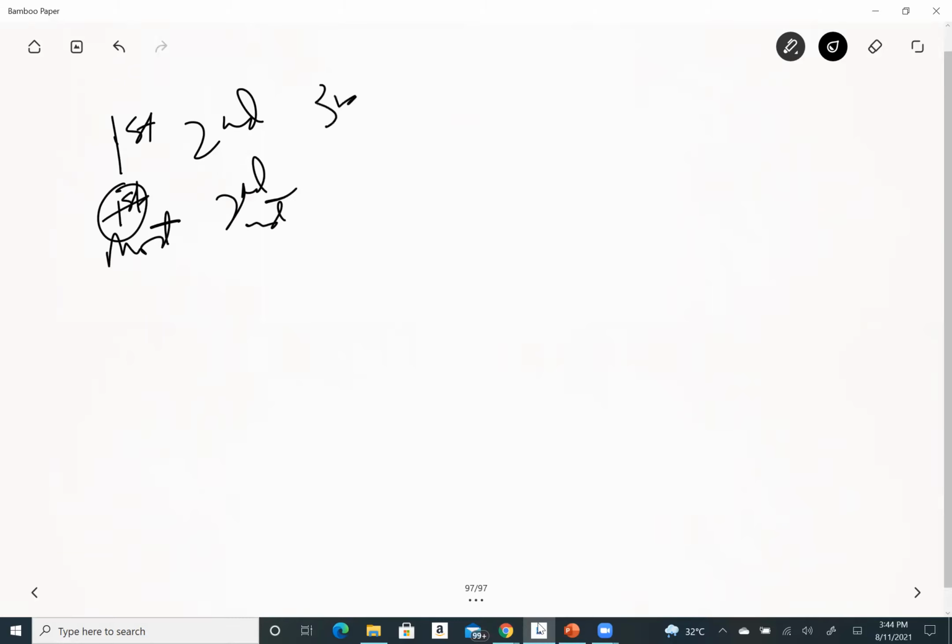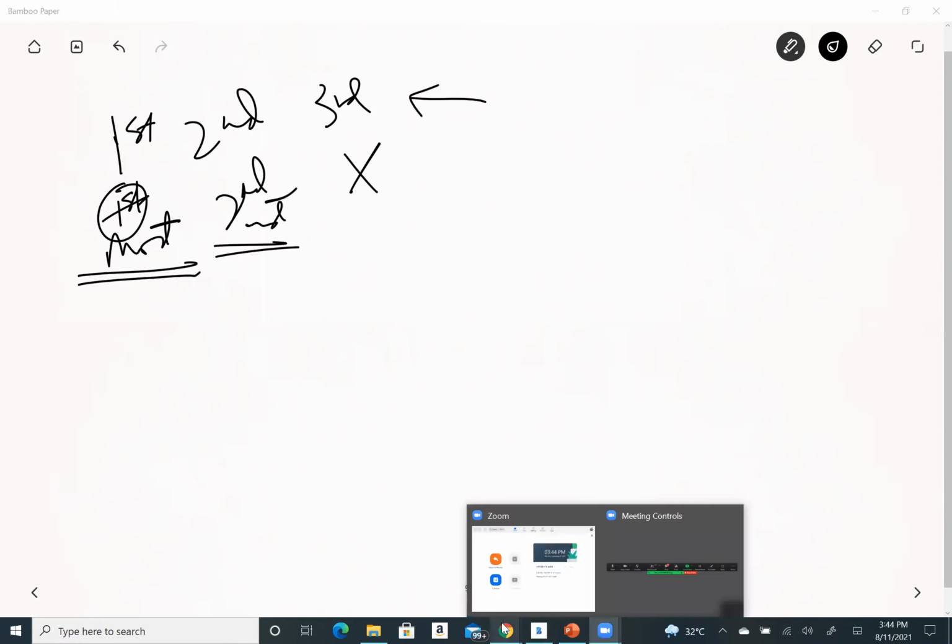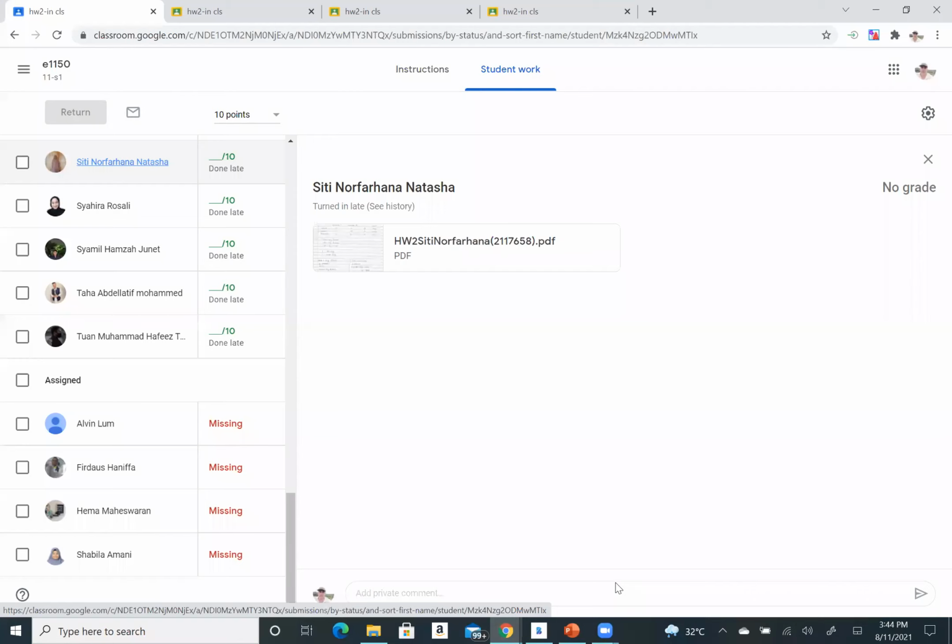Your third name, if you don't write, that's okay, because your class list will go according to that name. Siti Nur Farhana.